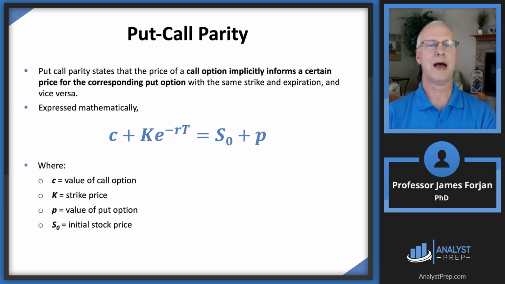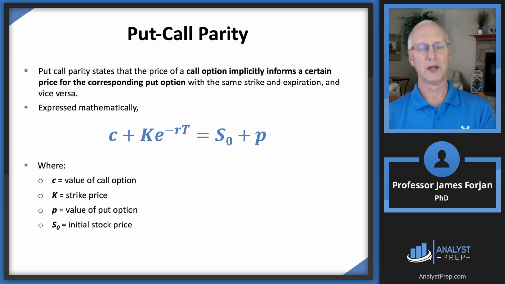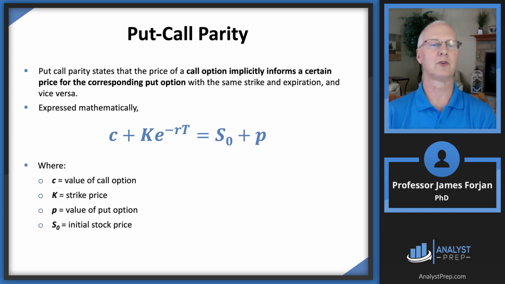There it is mathematically. The C stands for the call premium. The P stands for the put premium, and notice that they're on kind of opposite sides. The S stands for the stock price. So in this particular version of put-call parity, we're assuming that the call and the put are written on a share of stock, and they both have to have the same exercise price.